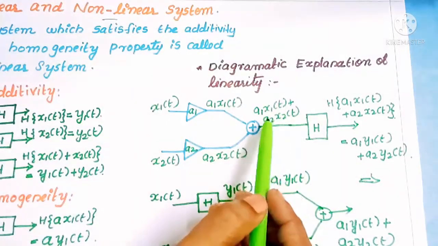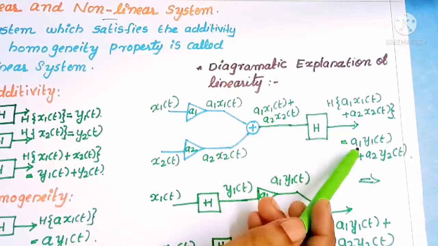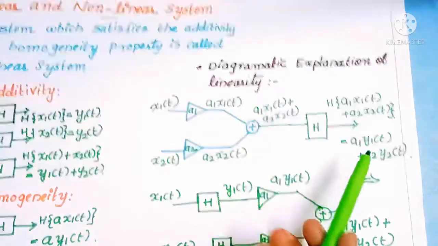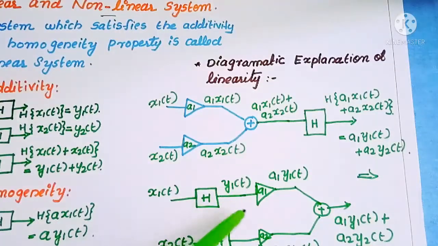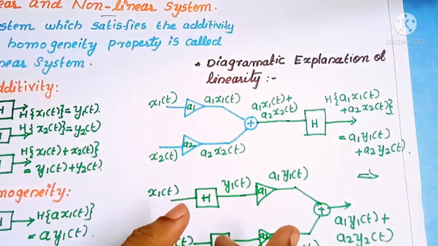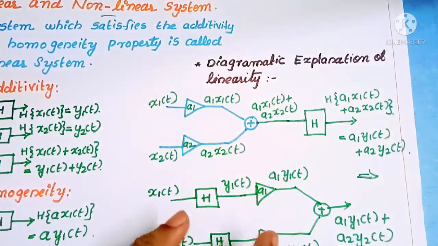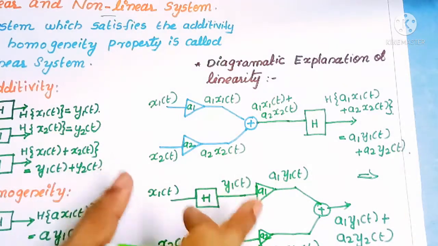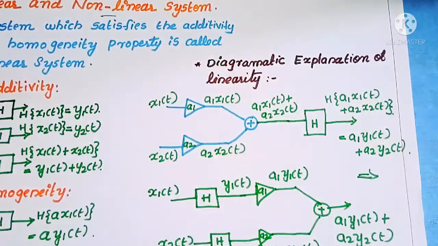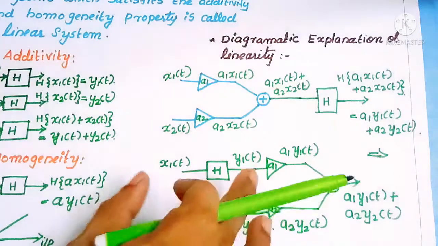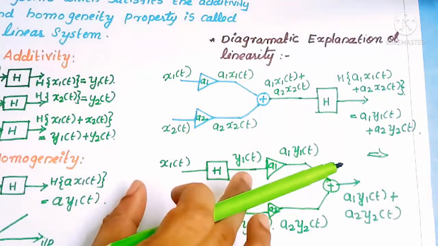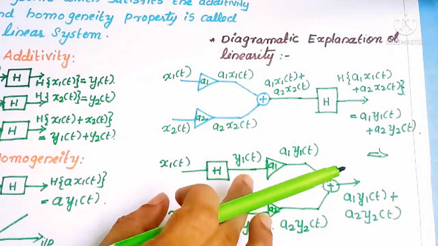When we apply an added input to the system, it also produces an added output signal. When we add the individual responses of the system, we get the added output response. Here we can say in two situations we get the same output, then we can call the system linear. This is the procedure to check whether a system is linear or non-linear.